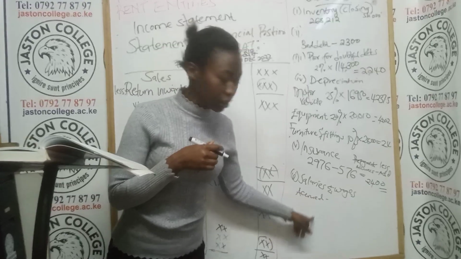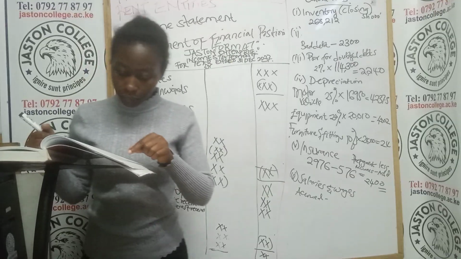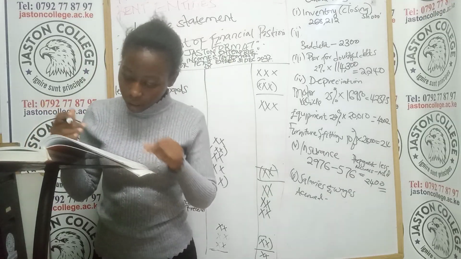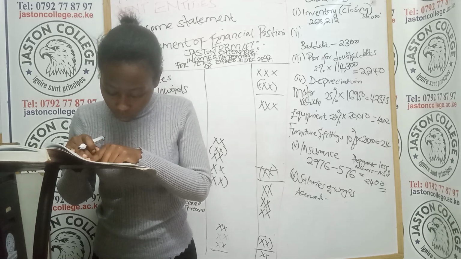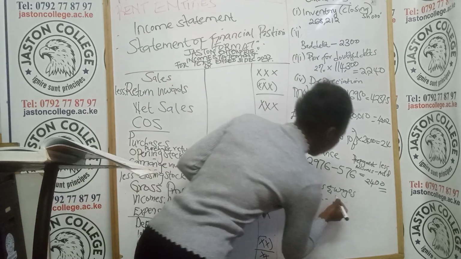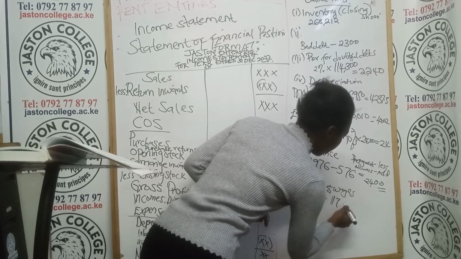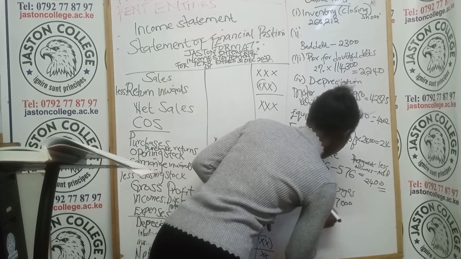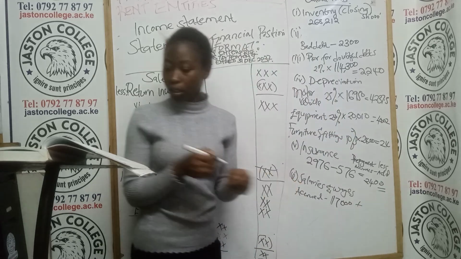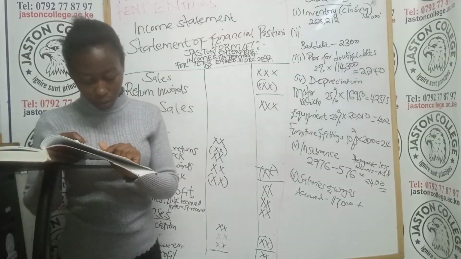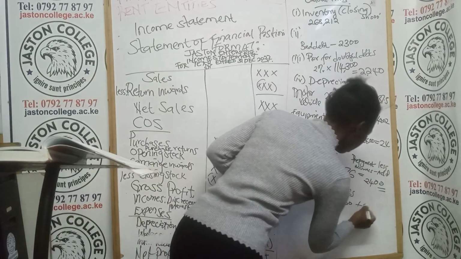So our salaries and wages, we will take the one in our trial balance, which is 117,000. Then we add the one we've been given, which is 3 million.